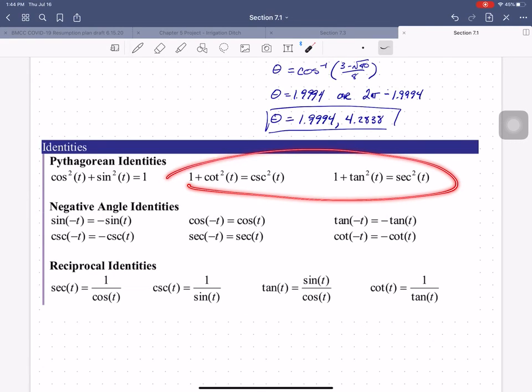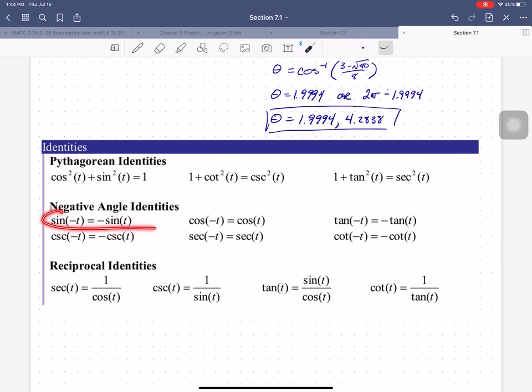These guys are nice, but they're actually honestly completely optional because you can get there from here, and that's what I do most often. Same thing for the rest of these. I will use these, and I will get the rest of them from these two. So focus on the sine and cosine identities, and that will help you make your life a little bit simpler. All right, I'll talk to you again soon.